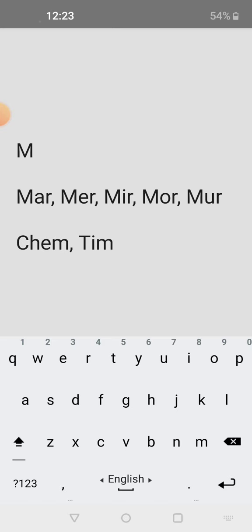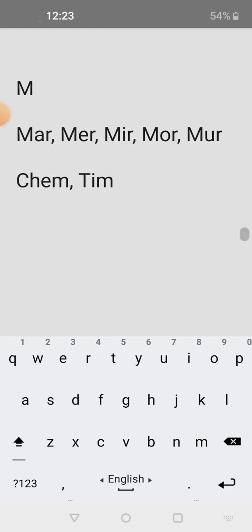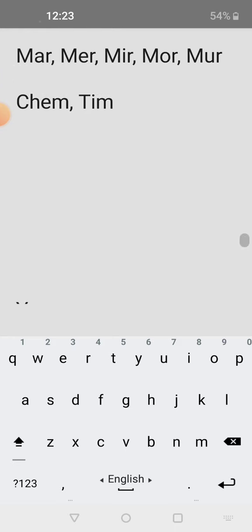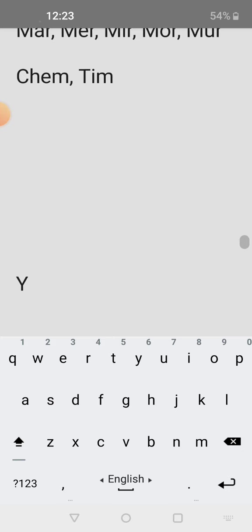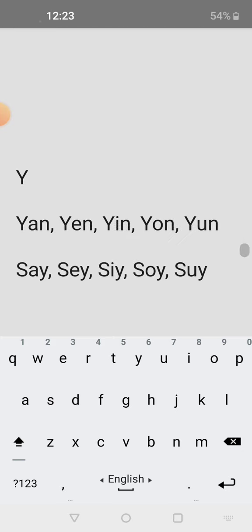And then there's tim, which is only in the pair of things like tim tone. So those are kind of rare. Well, chem isn't rare, but these are the only two syllables that M is at the end of. And tim is rare to see.